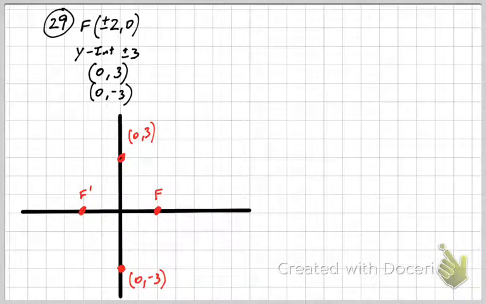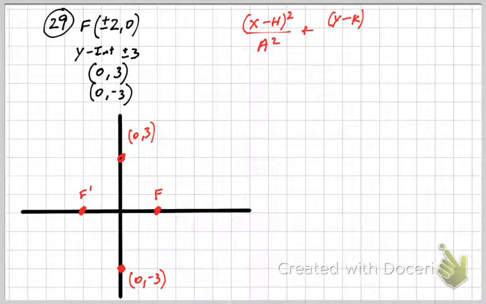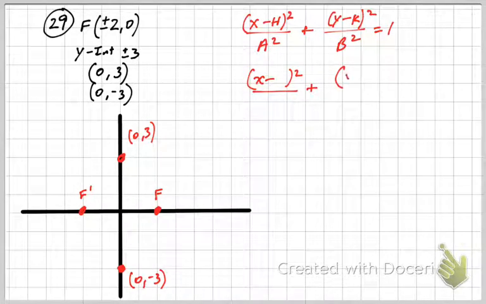So when I go to fill this in, x minus h over a squared plus y minus k quantity squared over b squared, I want to fill in x minus, I want to fill in y minus, and I want to make it equal 1. Okay, what do I know now? Squared, squared.